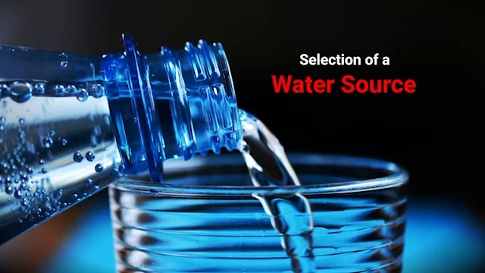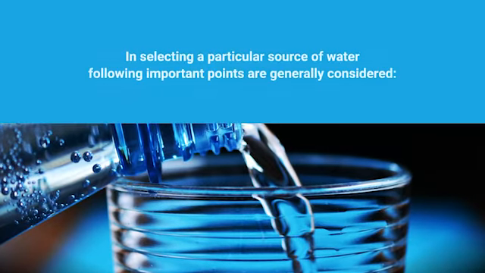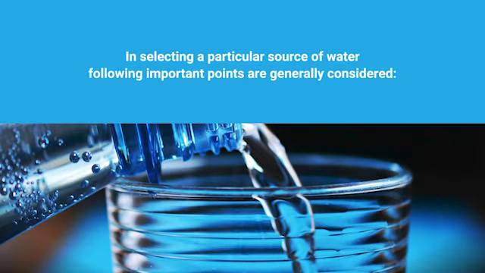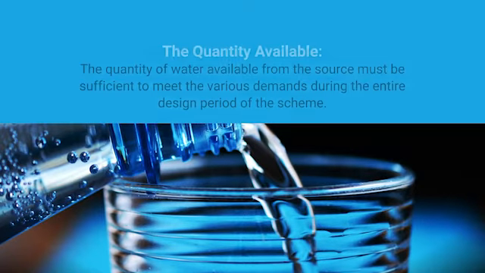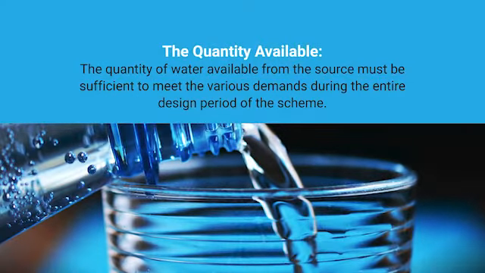Selection of water sources. In selecting a particular source of water, the following important points are generally considered. First is the quantity available. The quantity of water available from the source must be sufficient to meet the various demands during the entire design period of the scheme.